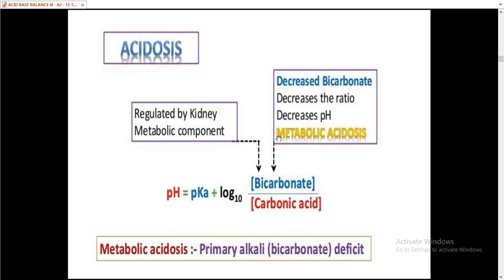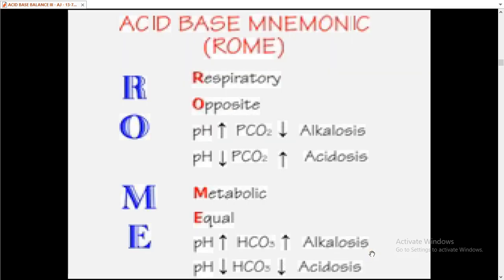And this can lead to metabolic acidosis, and this is regulated by the kidneys because the kidneys will regulate this bicarbonate. In metabolic acidosis, the primary defect is in the bicarbonate, and there is alkali deficit or bicarbonate deficit which occurs in metabolic acidosis.